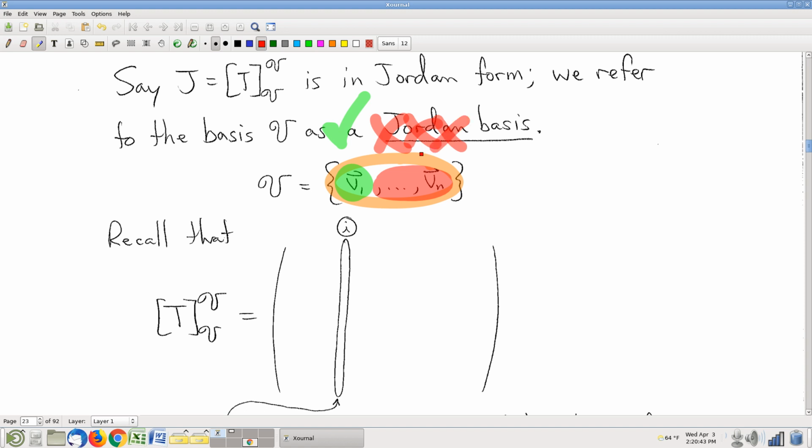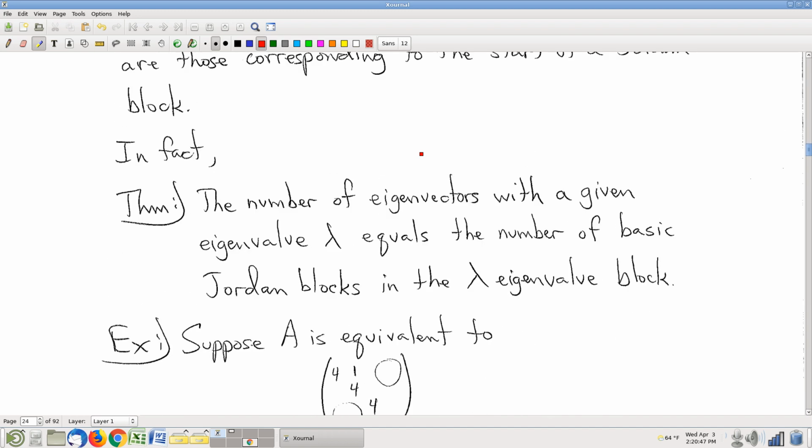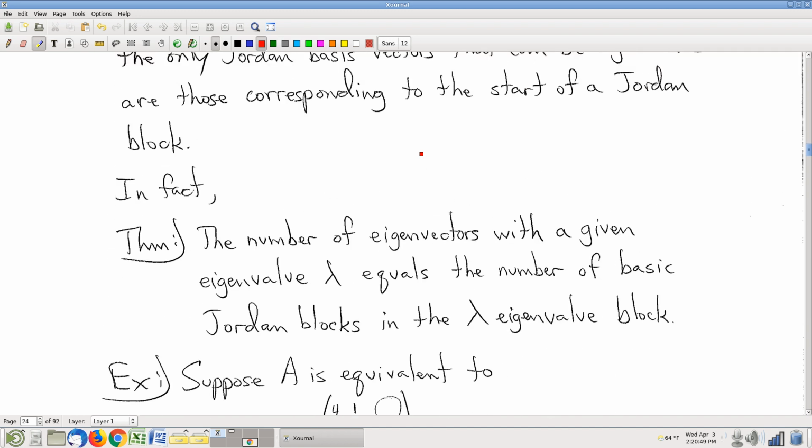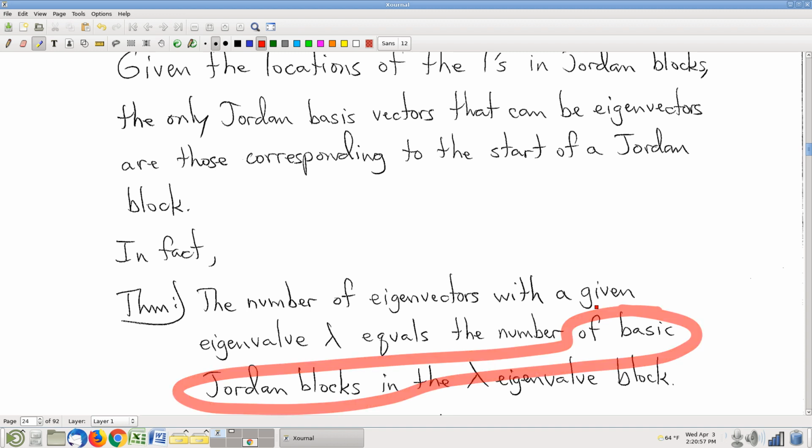That's always going to work out. And so this allows us to draw a nice conclusion here. For every basic Jordan block, there is a corresponding eigenvector.